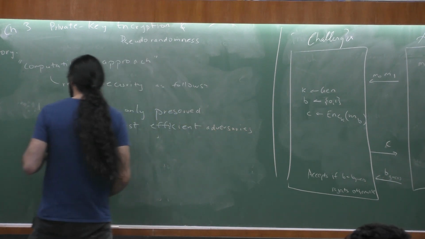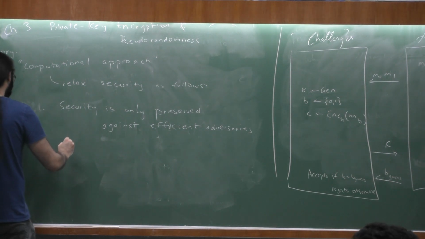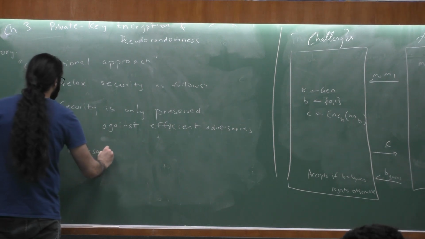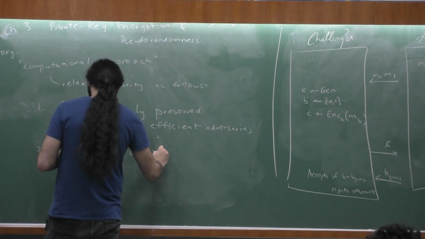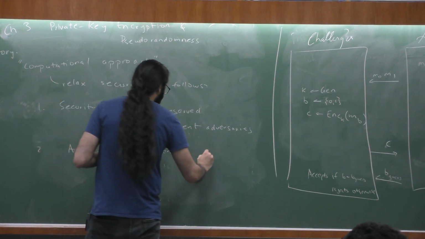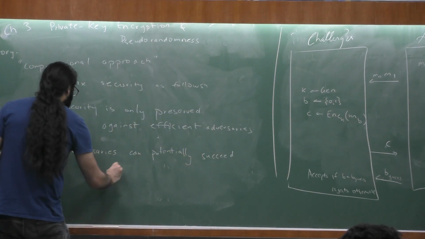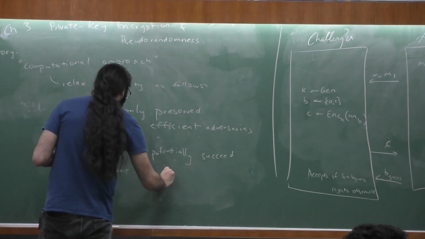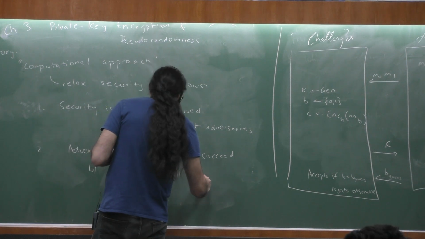And the second thing we want to say is that adversaries can potentially succeed in the attack with some small, or let's say very small, we'll formalize what this means, with some very small probability.